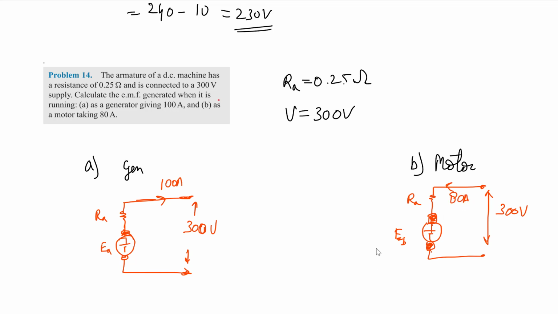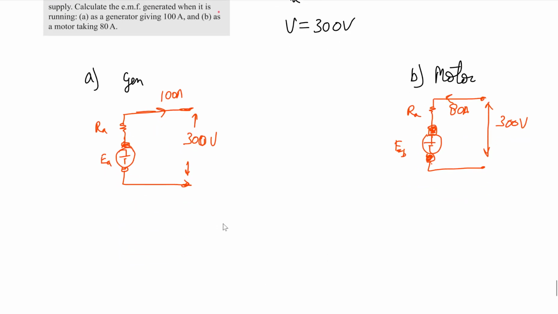Okay, so in case of the generator I can write EA is equal to V plus IA RA, and in the motor case I can write EB is equal to V minus IA RA.